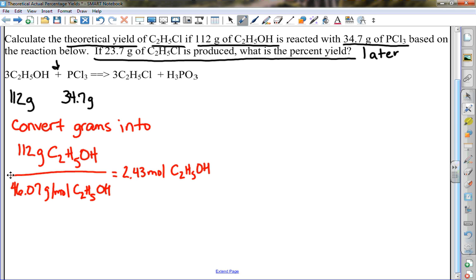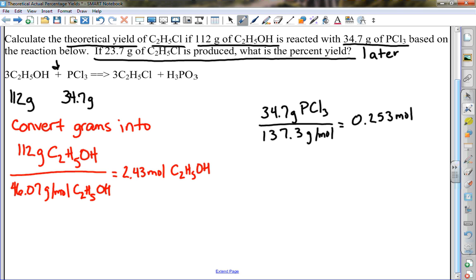Then I'm just going to continue over here for the other one. We're going to take 34.7 grams of phosphorus trichloride, PCl3. That molar mass is 137.3 grams per mole. That one would give us 0.253 moles of PCl3.